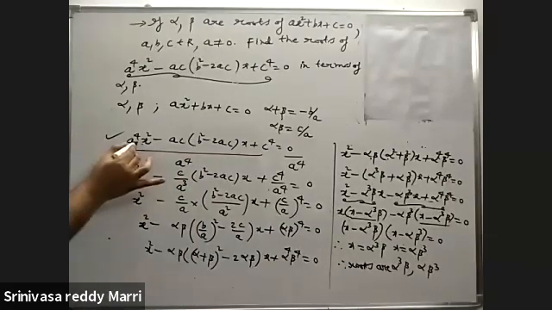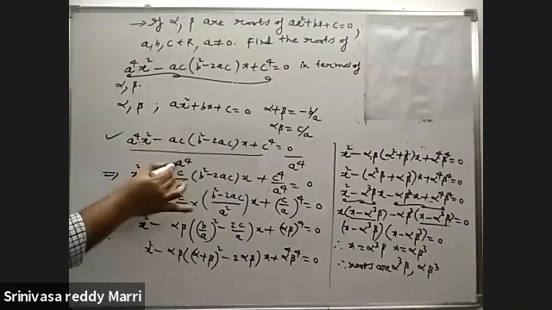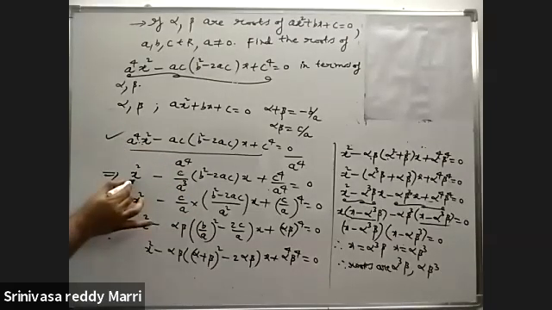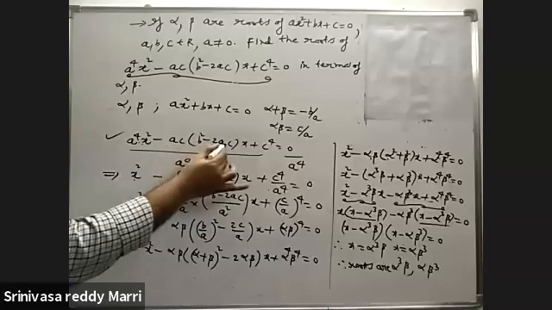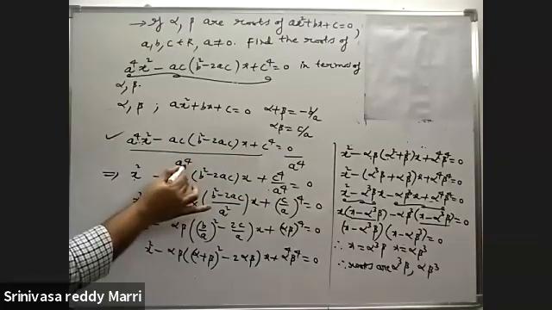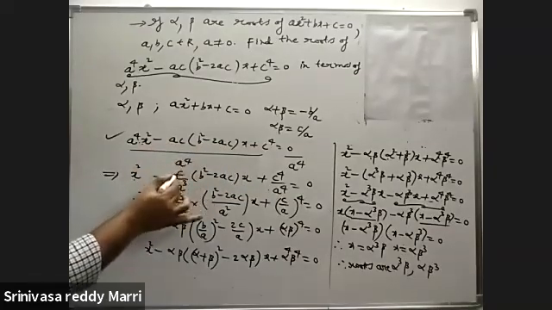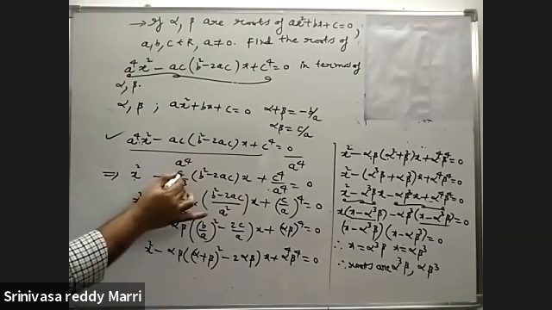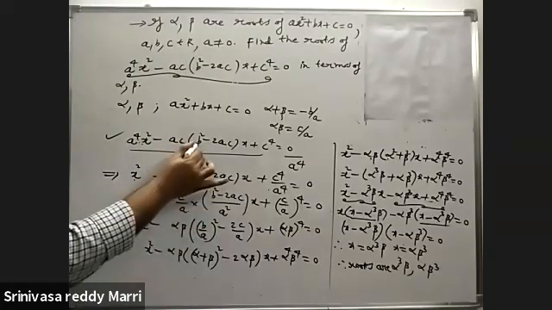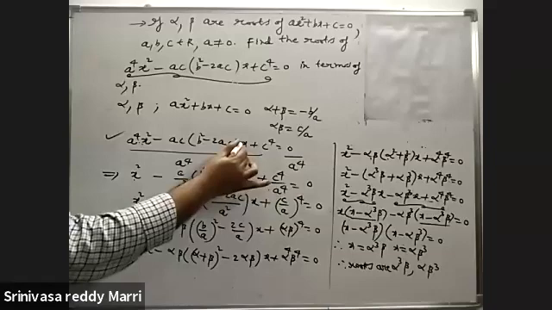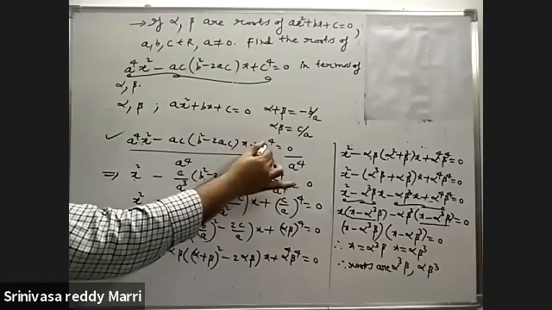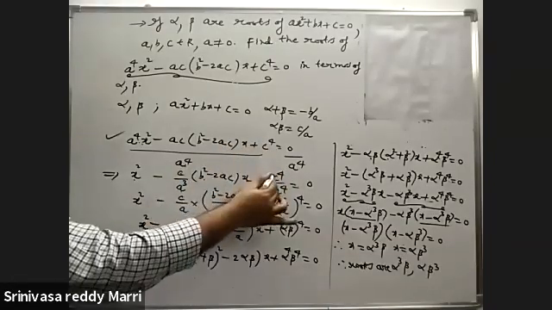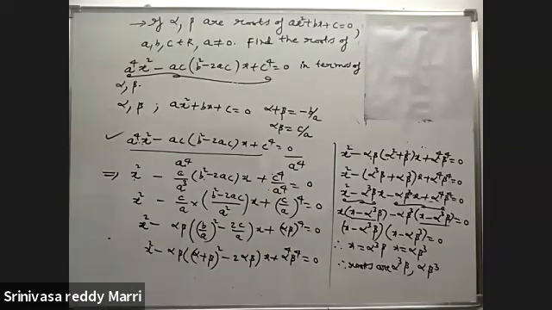Now splitting: a power 4 x square divided by a power 4 means it will get cancelled, 1 into x square. This complete divided by a power 4. That means 1a will get cancelled. C is here. A cube, this term will be the same, into x plus this divided by this, c power 4 divided by a power 4 equal to 0.